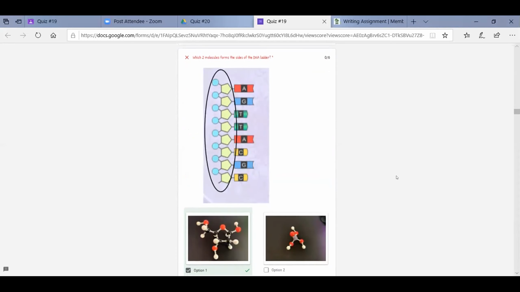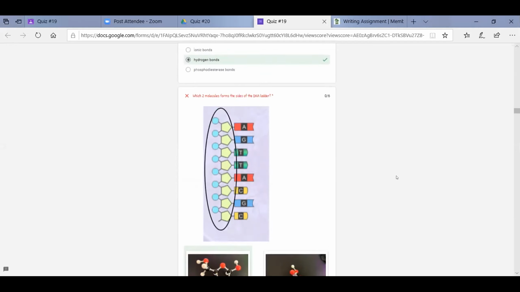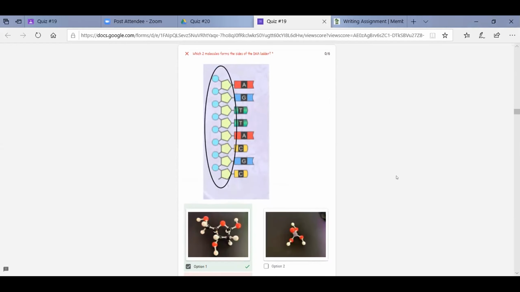That pentagon shape is the five-carbon sugar, and the blue circle is the phosphate group, because the labeled ones are nitrogenous bases, and nucleotides only have three parts: the base, the five-carbon sugar, and the phosphate group. Let's see what you chose.